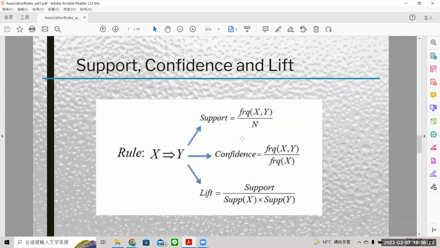This is the sample you want to analyze: support, confidence, and lift. So you must compute the frequency. That means your desired X and your desired Y, how many you found in your sample, and divided by the whole collected sample.